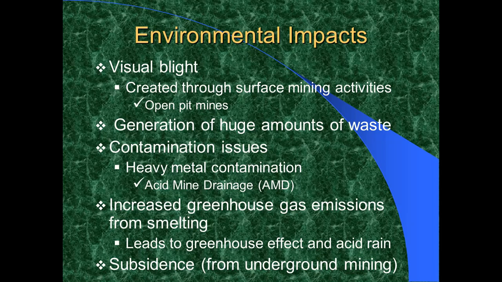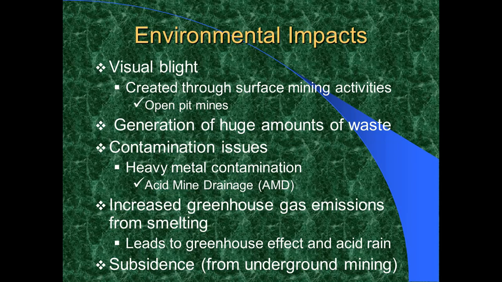And then we also have subsidence from underground mining. When an underground mine collapses, it causes all the rocks on top of it to either gradually or suddenly sink or settle. Now, I want you to take a look at this list and think about whether we talked about this when we talked about coal. Visual blight? Yep, we've already talked about it.